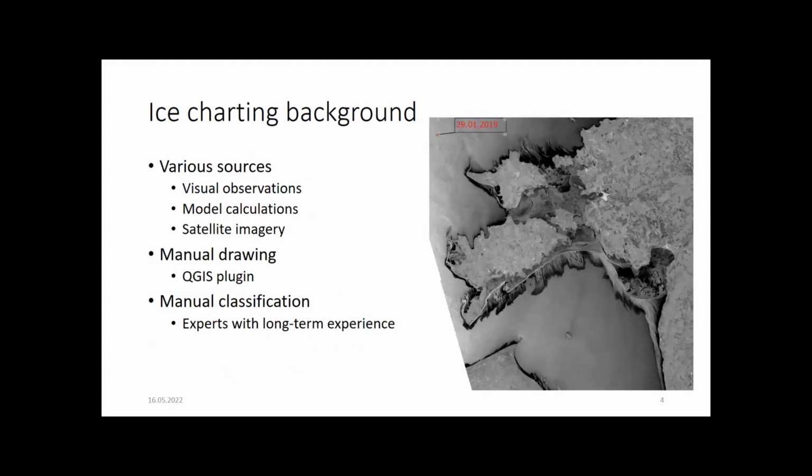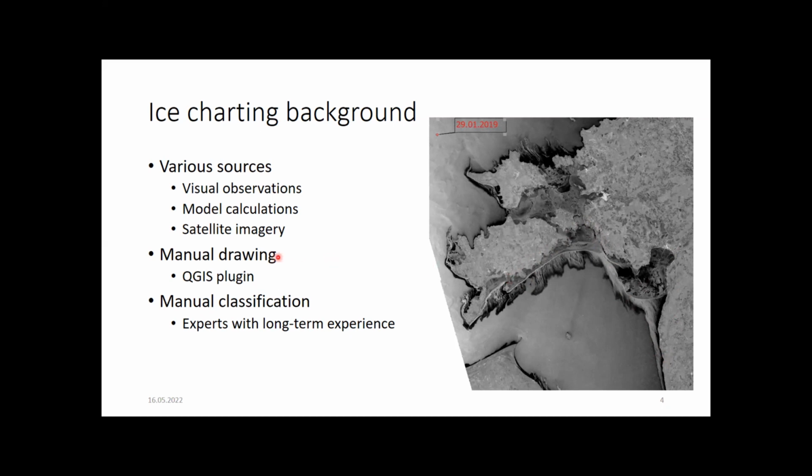So a little bit the background of how ice charting is done or was done previously. Basically, all available sources come together on the expert monitor, and then they manually draw lines over the areas which correspond to one ice type.